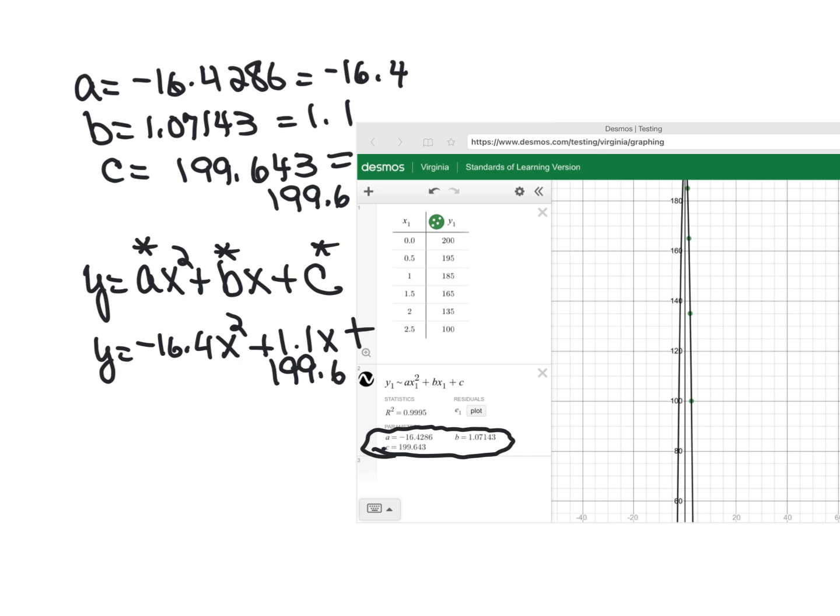All right, now that I have my equation, it asks for me to find what the height would be after 3 seconds. So that means that I'm going to replace x with 3. So I'm going to have y is equal to negative 16.4 times 3 squared plus 1.1 times 3 plus 199.6.